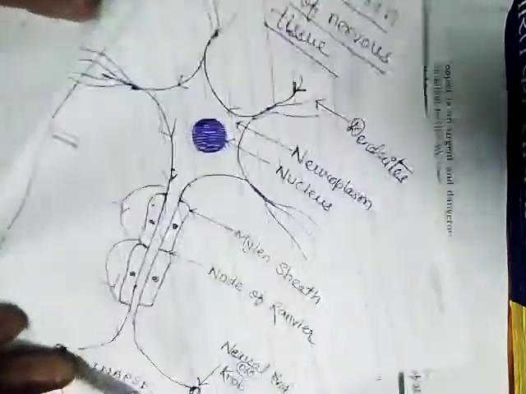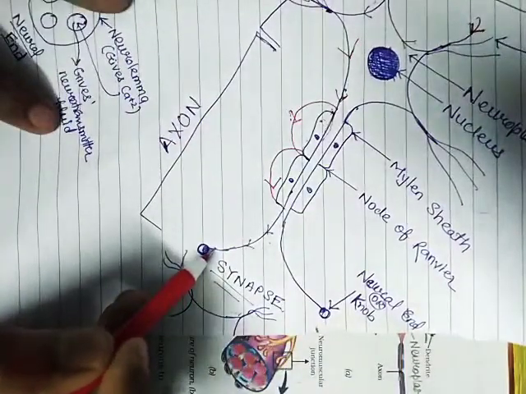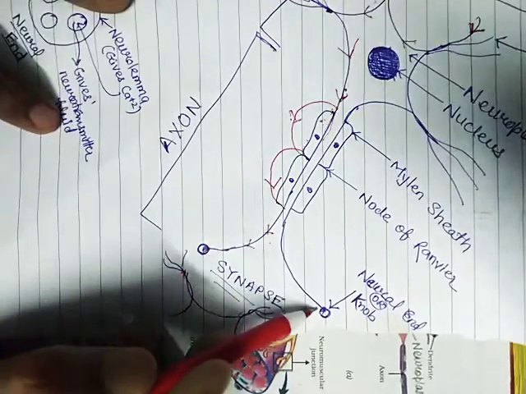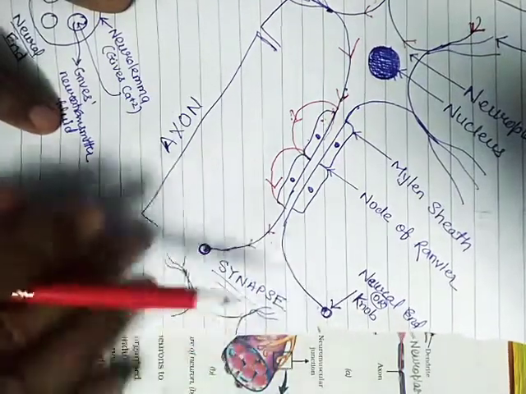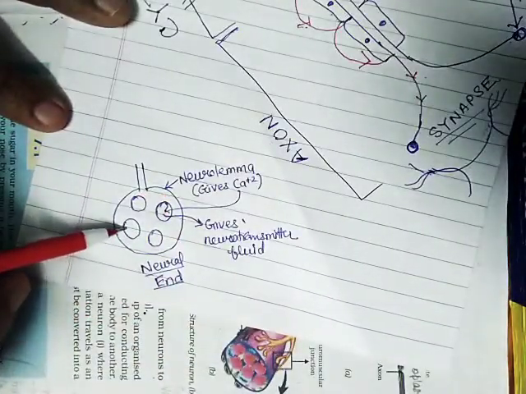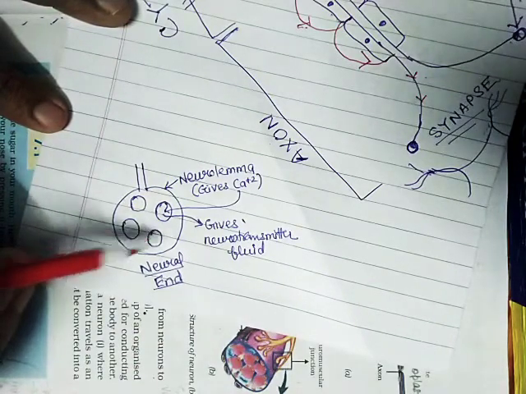Now we will see what happens when the impulse reaches the neural end or neural knob. I have drawn here a large diagram of the neural knob. The neural knob further consists of synaptic vesicles.